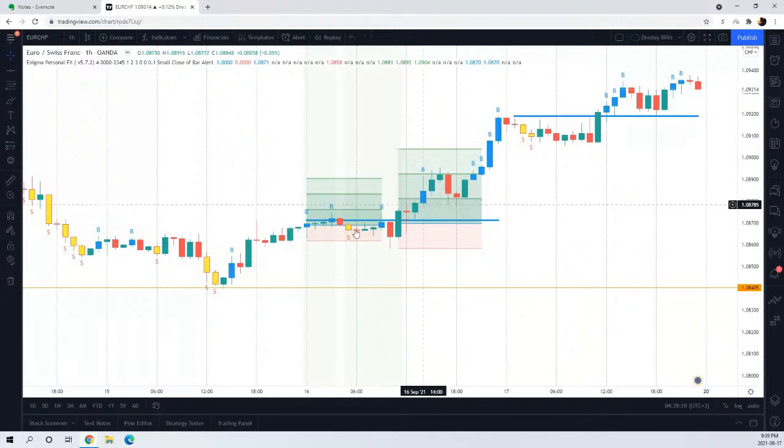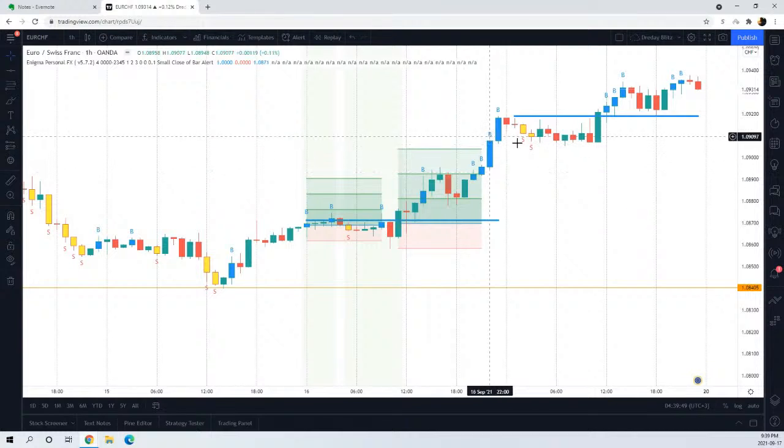So here, that was the entry. Then it consolidated, went back down. Then it did a dip, so it stopped you out if your stop loss was there. And then on the next candle, it gave you a buy entry and just took off. It went TP1 and then TP2, TP3. Right there.